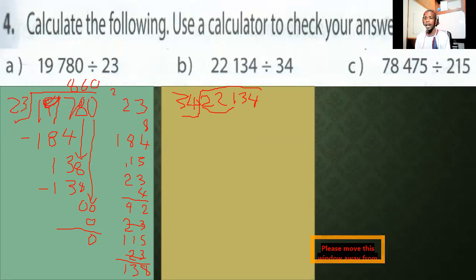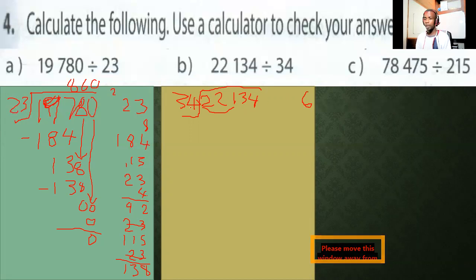I know if I round off this one, it is 200, and this one I can round it off to the nearest 10, we can say 30. 200 divided by 30, it's 6, because 30 times 6 is 180. Okay, good.